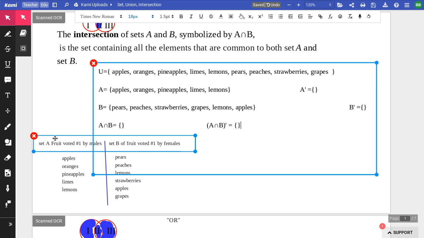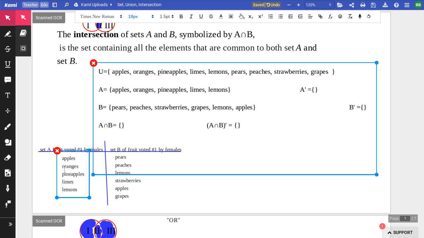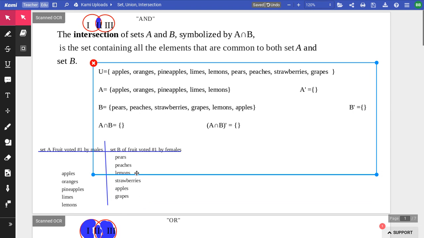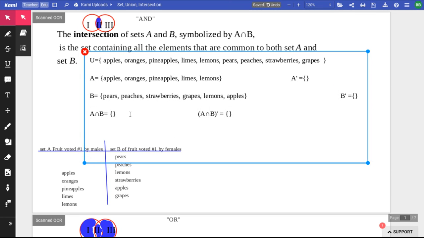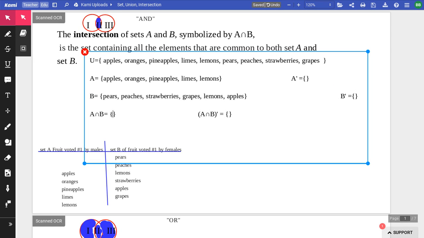So now we just want to look at a couple more things. Let's look at now the intersection.